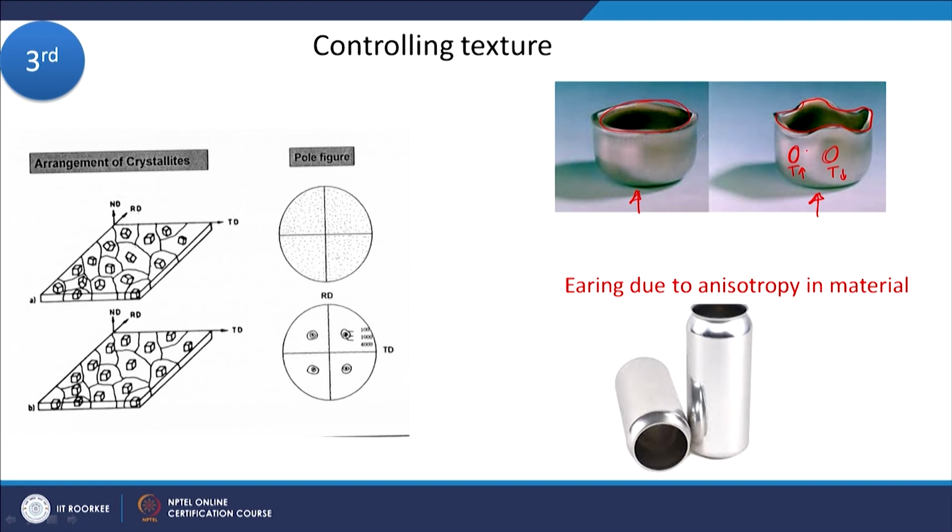Also, when you want to use it, you have to remove this much amount of material from the cup. So, this will go as waste, and so ideally we want forming like this. The use of this is that nowadays the cold drinks you get in aluminum cans need this kind of deep drawing, a very large drawing formability, in a material where you want to have this size of the can.